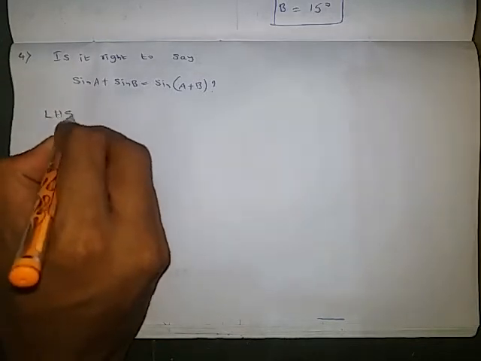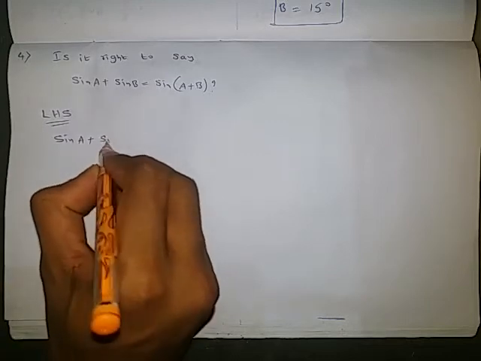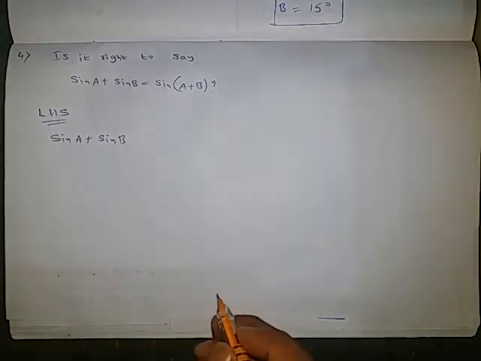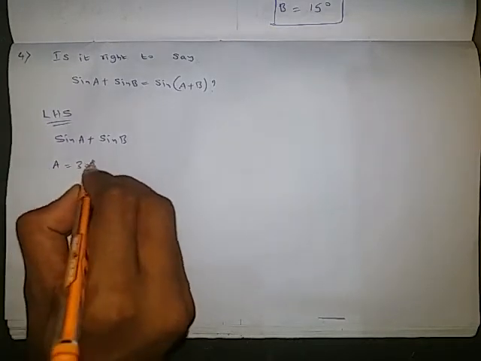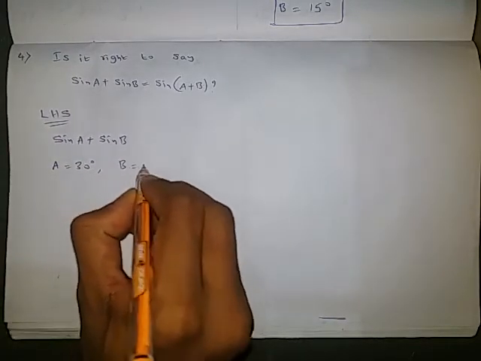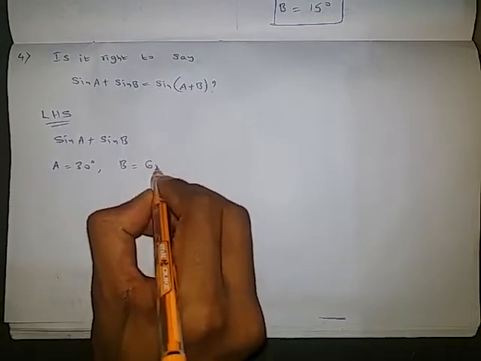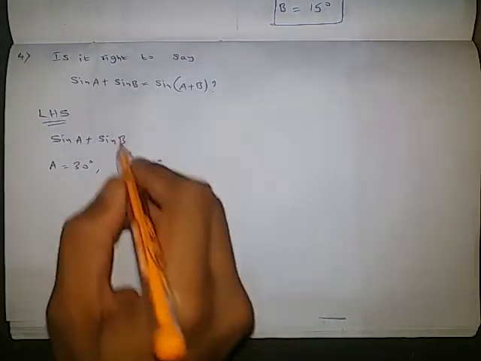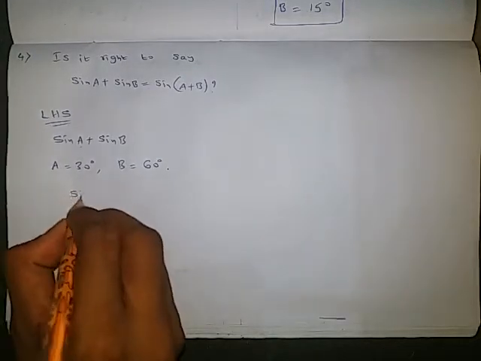First I will solve the LHS. The LHS is given as sine A plus sine B. Now A value I am taking as 30 degrees and B value I am taking as 60 degrees. Now let us substitute in this. Sine A, in the place of a, 30 degrees.